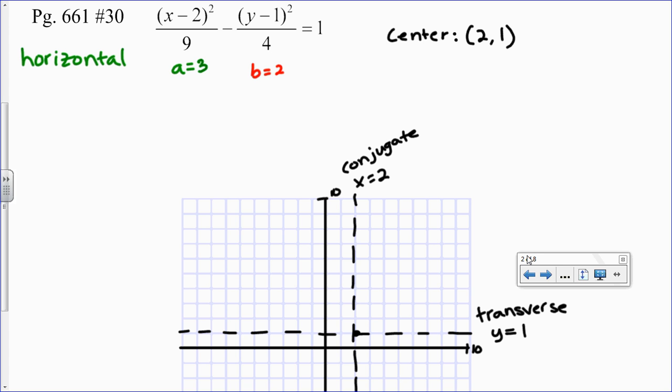Okay, and then my rectangle, a is 3. So I'm going 3 units left and right. b is 2, so 2 units up and down. And then I'm sketching in that rectangle so that I can draw my asymptotes.